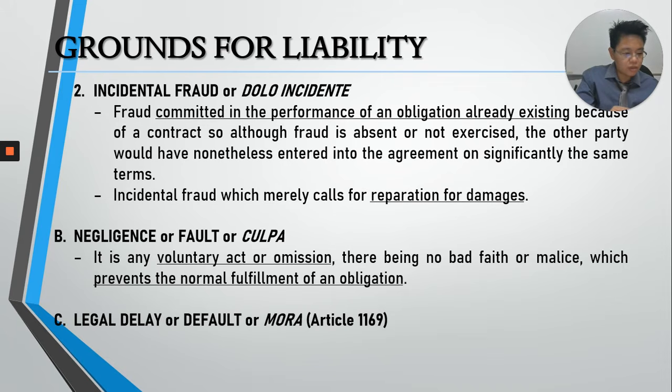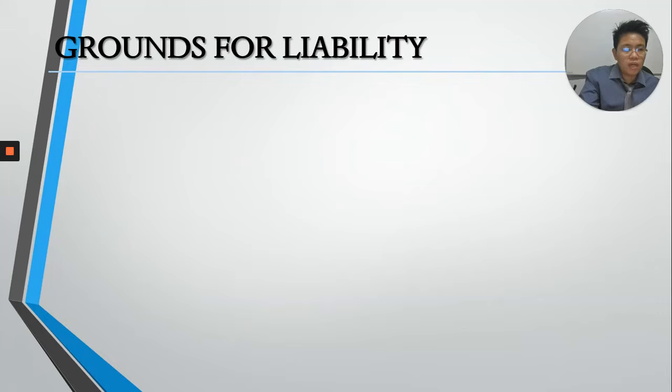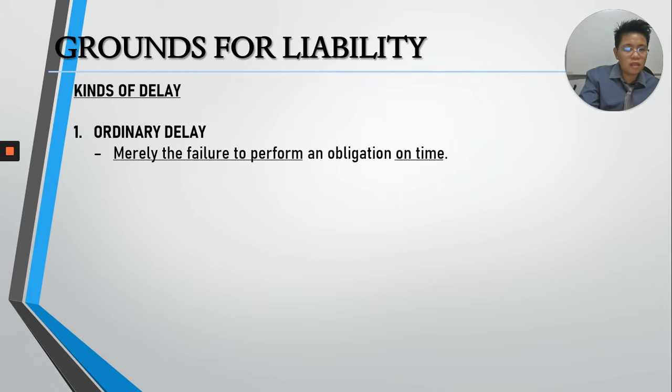So there are actually two kinds of delay. Remember, yung ordinary delay and the second one is yung ating pinag-uusapan sa provision na to, legal delay, default, or mora. So anyway, ordinary delay is the failure to perform an obligation on time. So meron ka lang obligation and you fail to perform it on the designated time.